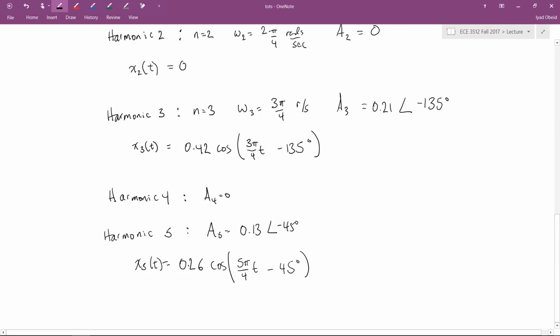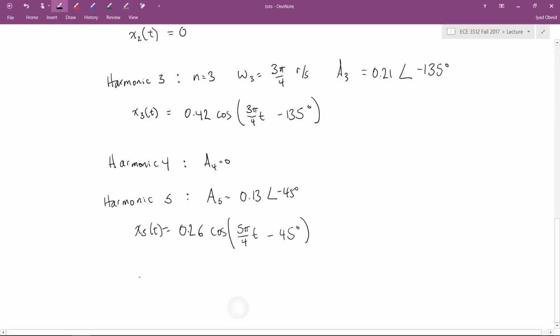Phew! Okay, and then of course there's nothing to stop us from doing this, right? We can repeat this process for n equals 6, 7, 8, all the way out to infinity.